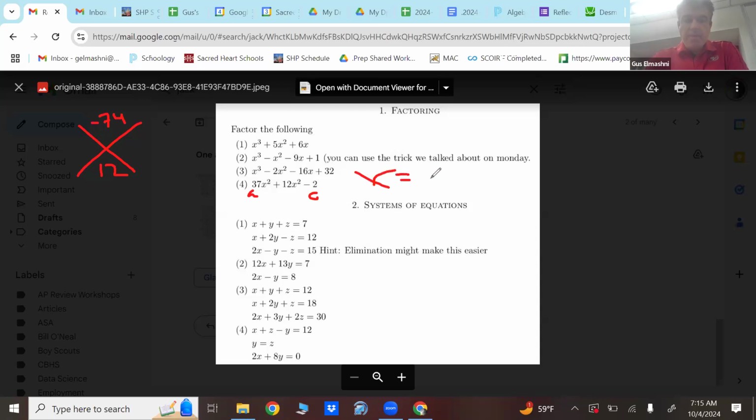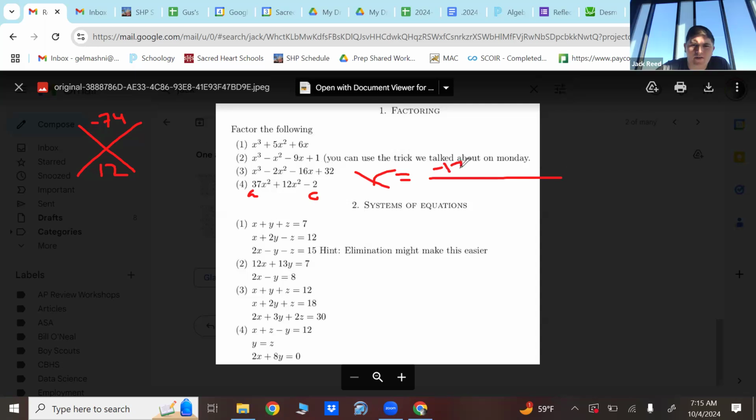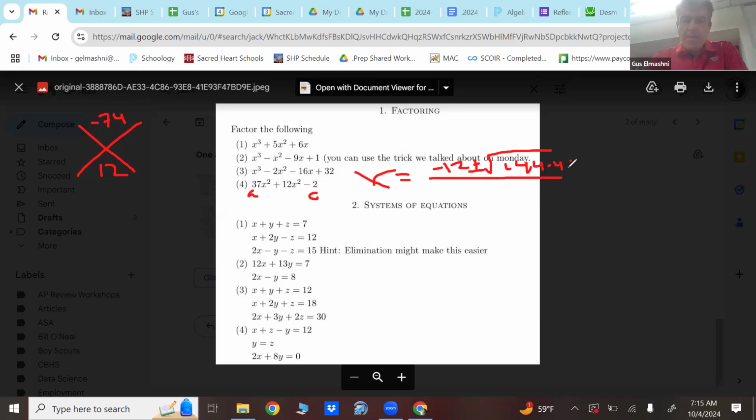I'm not sure if that's what he's looking for you to do. So b squared minus 4ac. The problem is that it's not going to be real. Actually, no, sorry, it's not going to be rational.